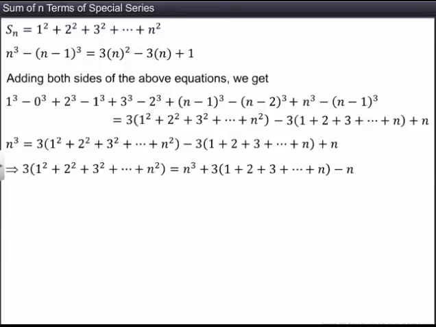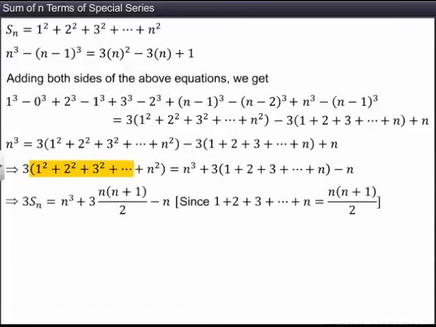Now, the sum of the squares of the first n natural numbers is Sn. Similarly, the sum of the first n natural numbers is equal to n into n plus 1 whole divided by 2.